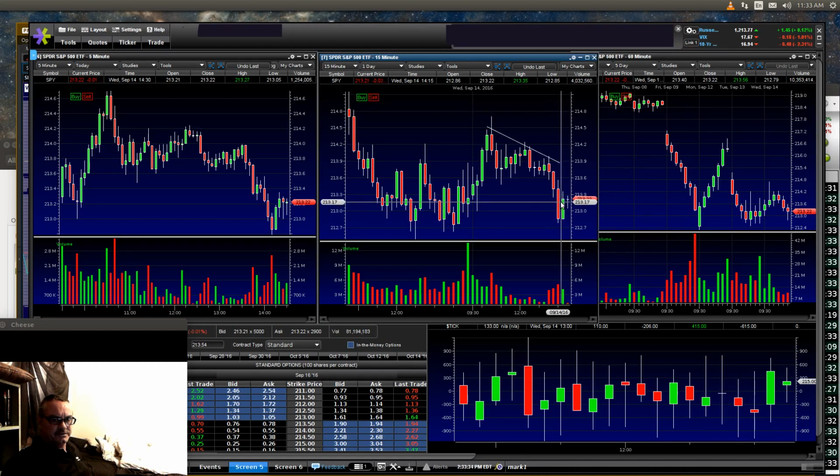Wouldn't quite call this a tweezer though. It's just a little more real estate up here. Could be the beginnings of a head and shoulder bottom. Now in terms of tick, there's no higher high, but it's put in lower lows.